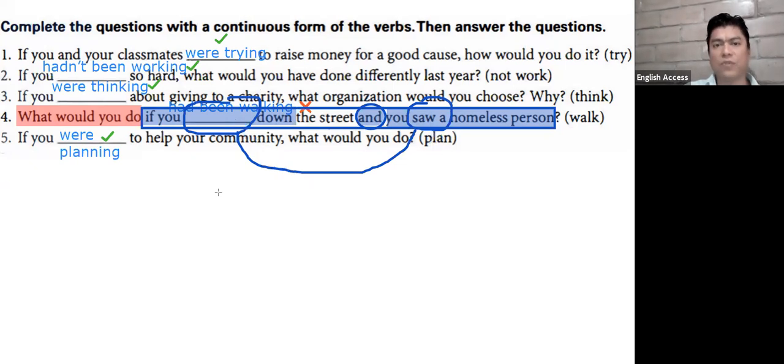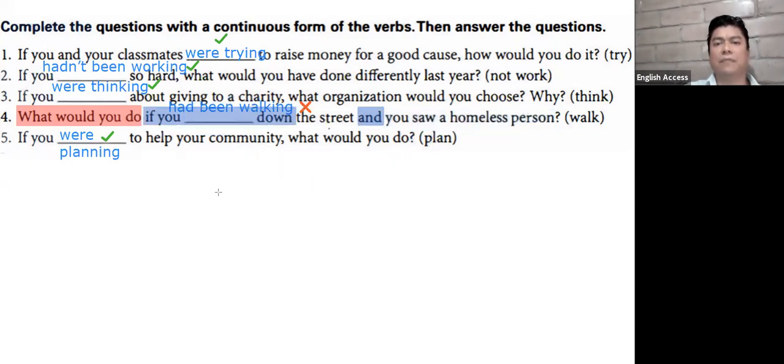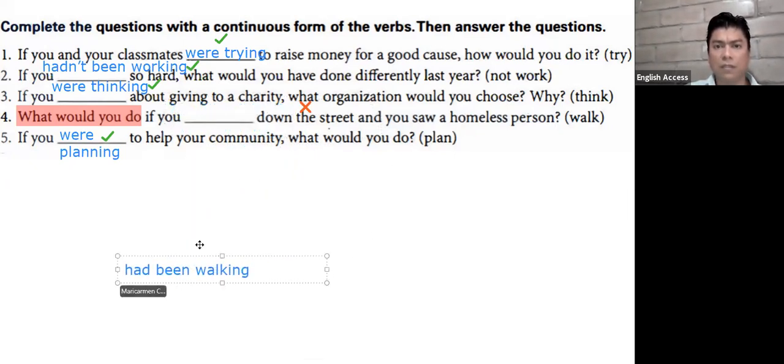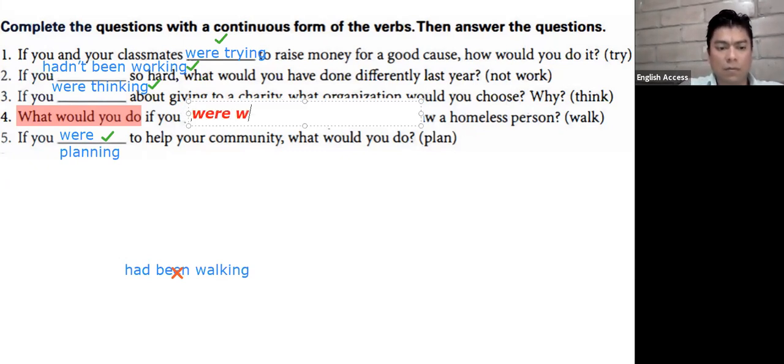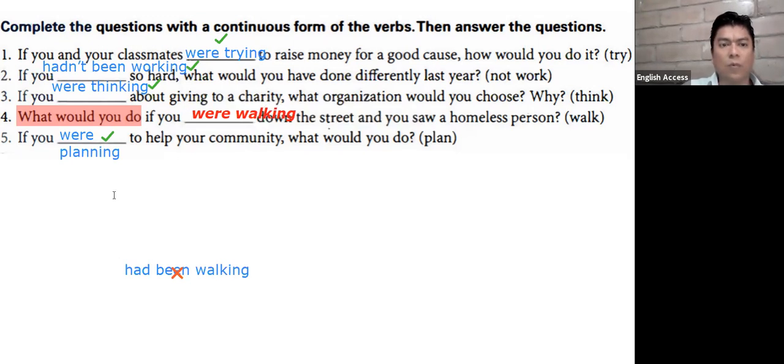Or, a different form to say it. Okay, so what would you do if you were walking and you saw a homeless person?